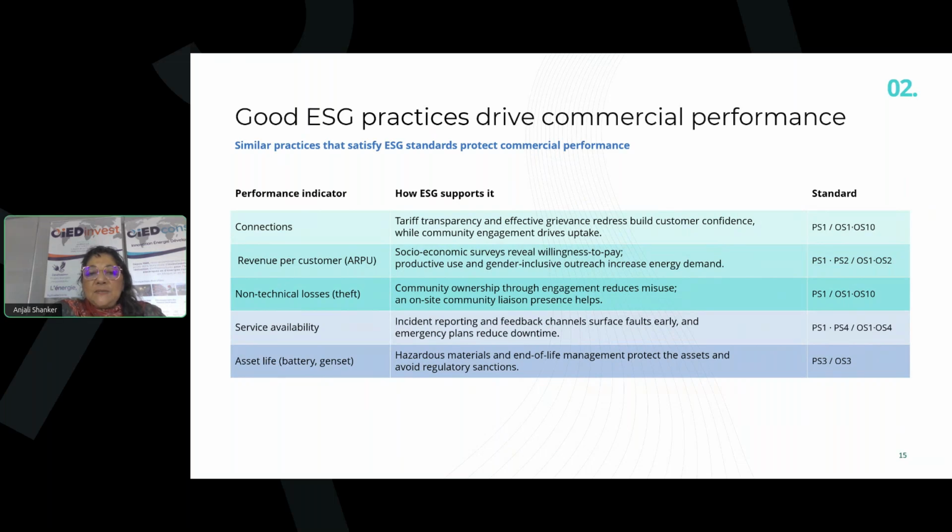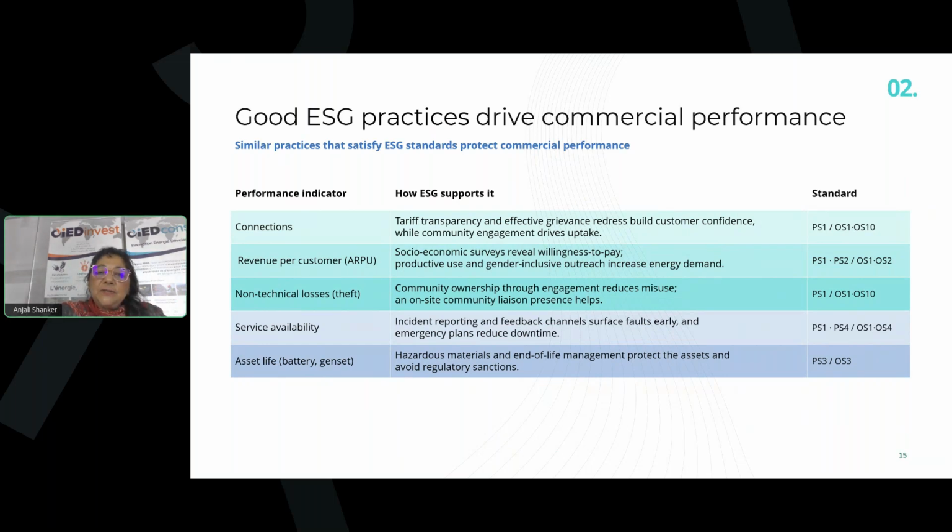This also helps right from the start to focus on productive uses and gender-inclusive outreach in order to increase energy demand, to identify what these productive uses are all about. We all know that productive uses is easier said than done and implies different kinds of accompanying financing and management. But with proper integration right from the start, we can achieve this quicker and reach viability quicker.